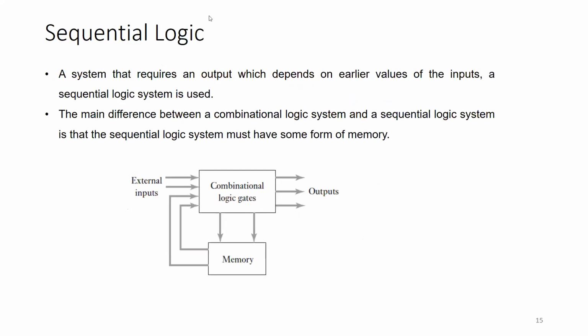Then next is the sequential logic. Sequential logic is again the same sequence or sequential control system which we have seen in the case of control systems also. So for digital control systems also the same sequential logic is applicable. What happens in a sequential control system is that the output from the first stage is the input to the next stage.